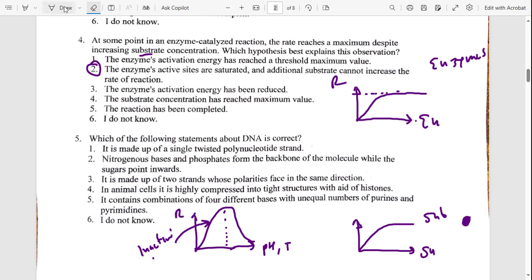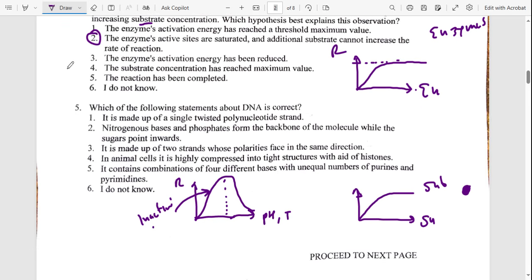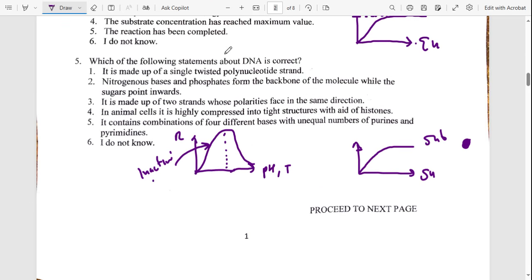Okay. Number 5 is saying, which of the following statements about DNA is correct? It's made up of a single twisted polynucleotide strand. When you look at the structure of DNA and RNA, RNA is like this. It is a single stranded molecule. Now DNA is like this.